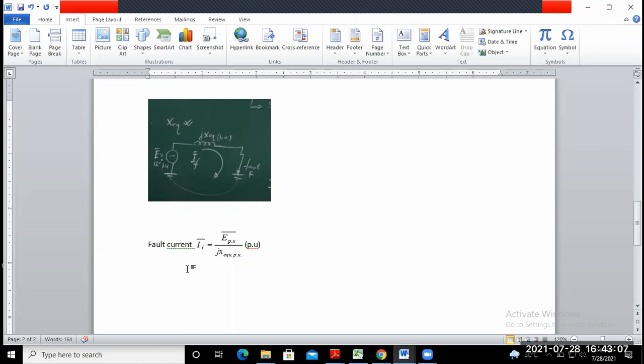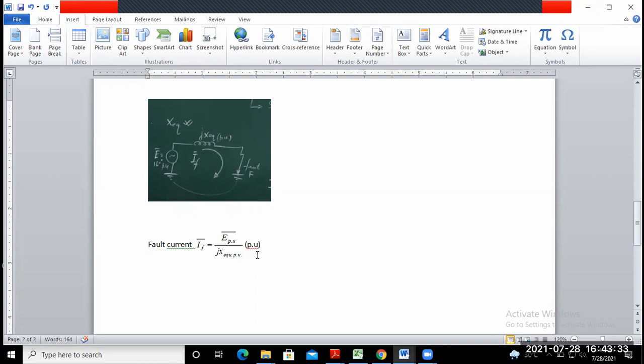Per unit quantity is equal to actual value in any unit divided by base value in the same unit. So IF even in per unit, if you want to find the actual fault current, that is nothing but IF in per unit into base value.